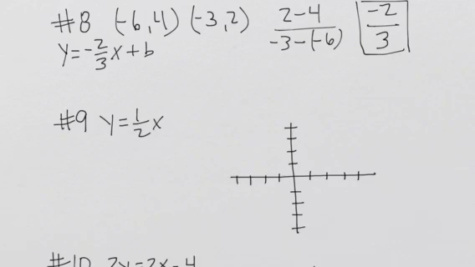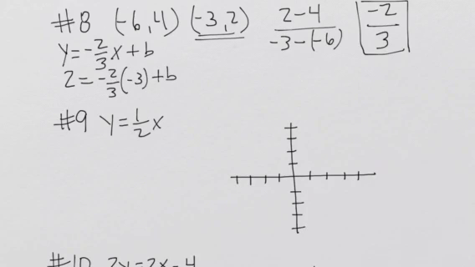Let's pick one of these points and we'll add it in the equation. So let's go ahead and use this point right here. So 2 is y equals minus 2/3, x is a minus 3, plus b.